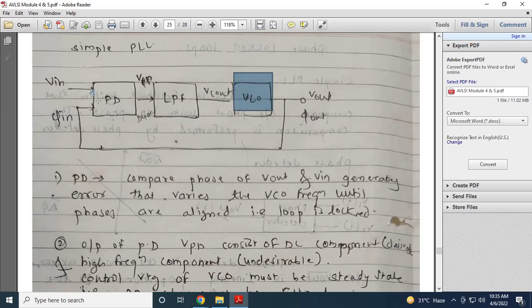So the phase detector will compare this input signal with this output signal, accordingly generate the error which will generate this DC voltage to control the frequency of the output signal till the phase of input and output are equal. That means the loop is locked.